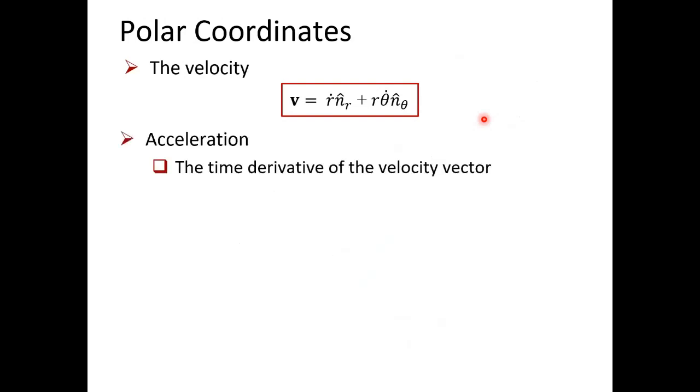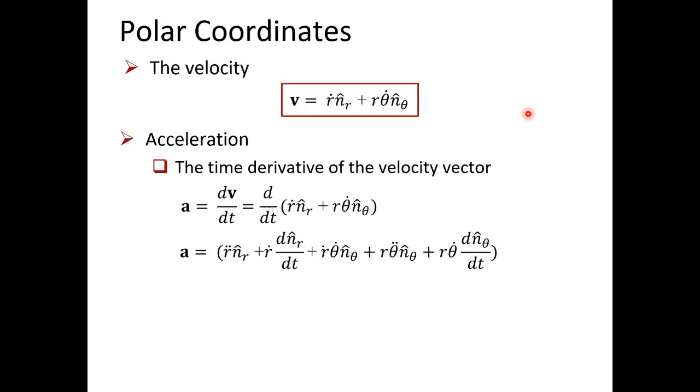To find the acceleration, of course, you can take the time derivative of this. If you take the first derivative, what you would get is this. You have 2 terms in this one and 3 terms in this one, so you'll have to differentiate these 2 separately and these 3 separately, one at a time. So what you would get is this.